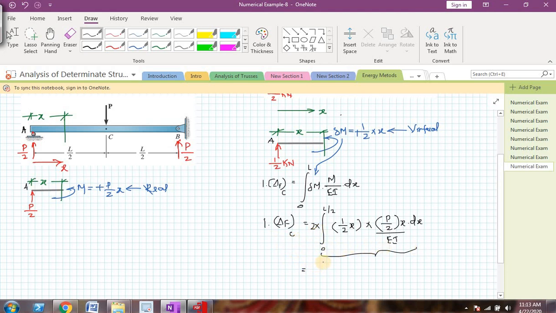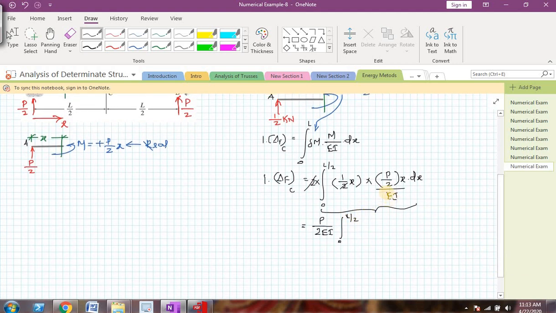So let me rewrite this equation. This 2 and one of the 2 will go out, and I will get 1 divided by 2EI common. Let me take P also as common. It will be from 0 to L by 2, x square dx.